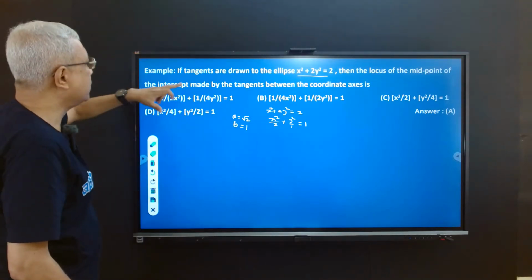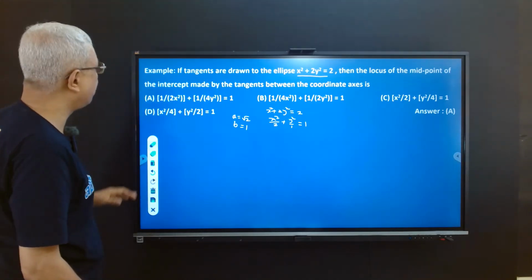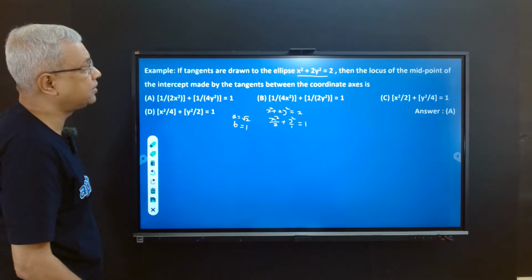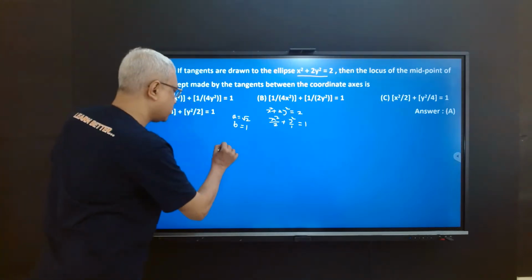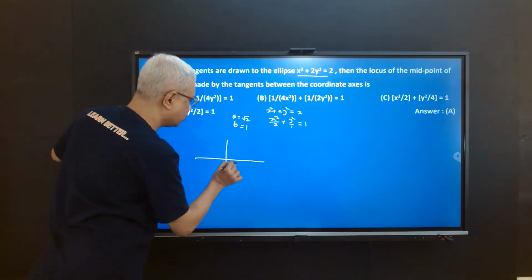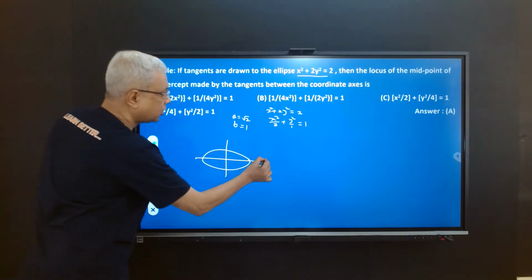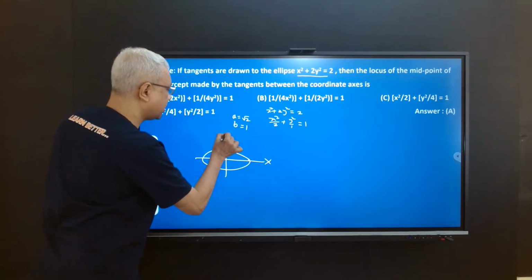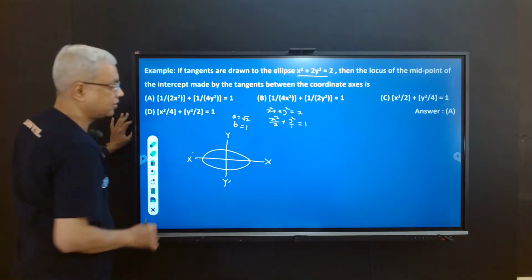Now, if tangents are drawn to the ellipse, then the locus of the midpoints of the intercept made by the tangents between the coordinate axes is which one? So, just let us consider the ellipse. This is the ellipse. This is x-axis, this is y-axis, this is x-dash.